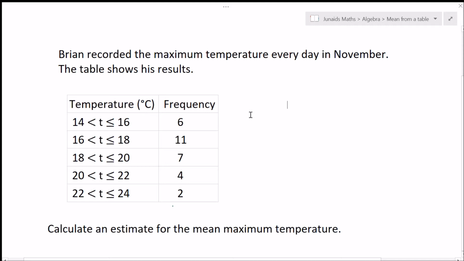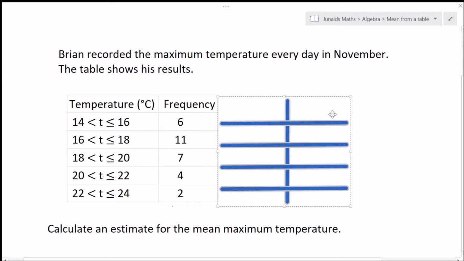In order to work out the mean, it's easier if we extend this table by 2 more columns, just for the working out purpose. And then the first step is going to be to work out the midpoint.